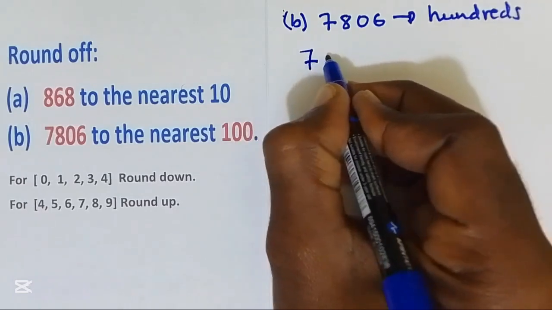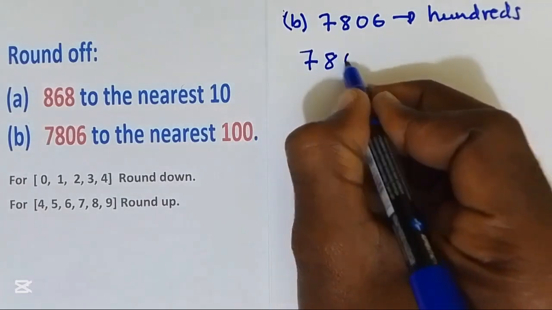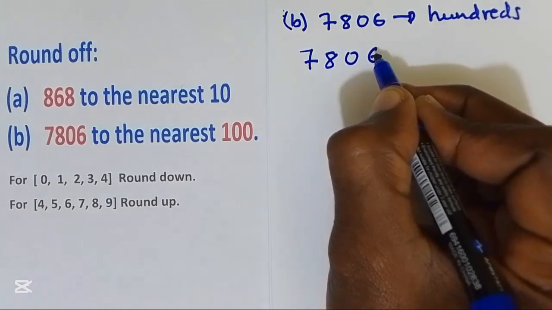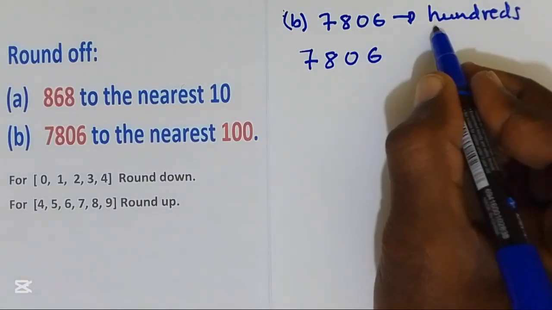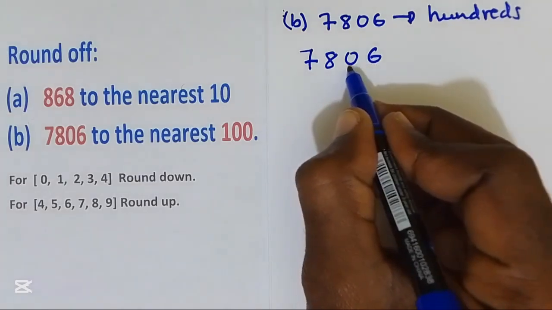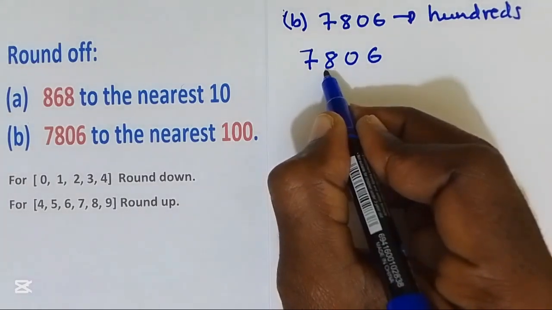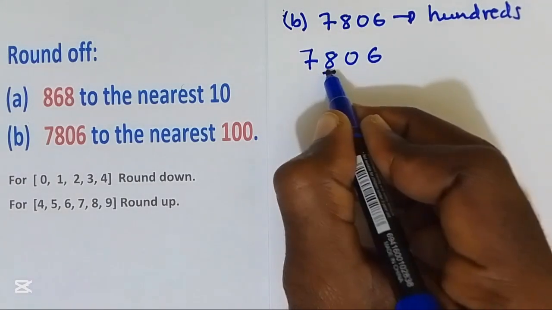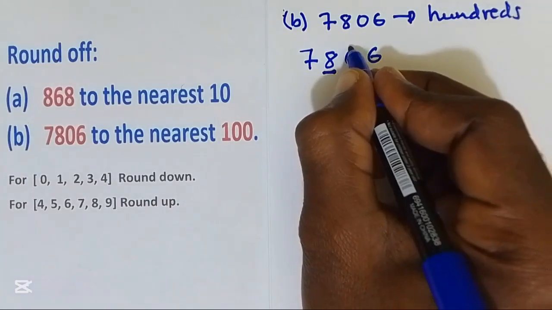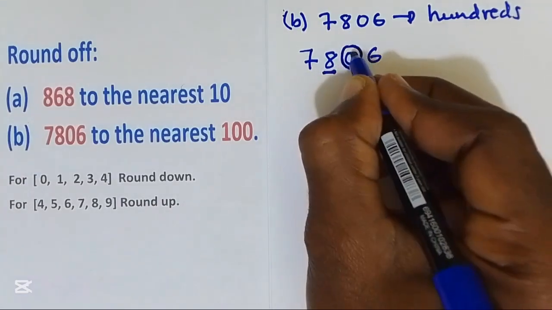We have 7,806. We are supposed to find hundreds. This is ones, tens, hundreds is at digit 8. Then we are going to circle the digit to the right, that is 0.